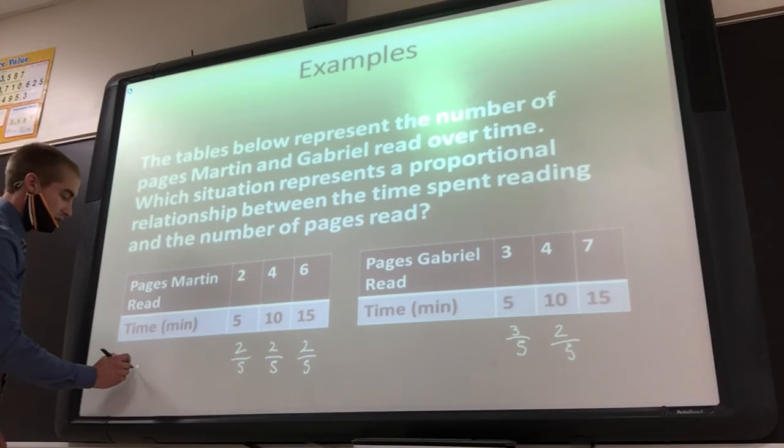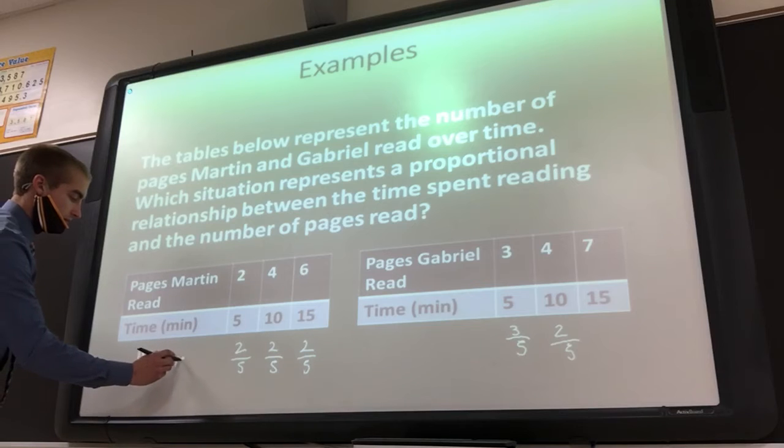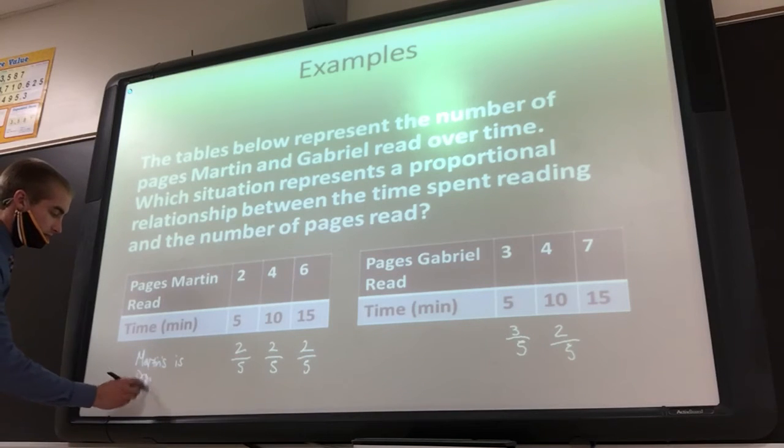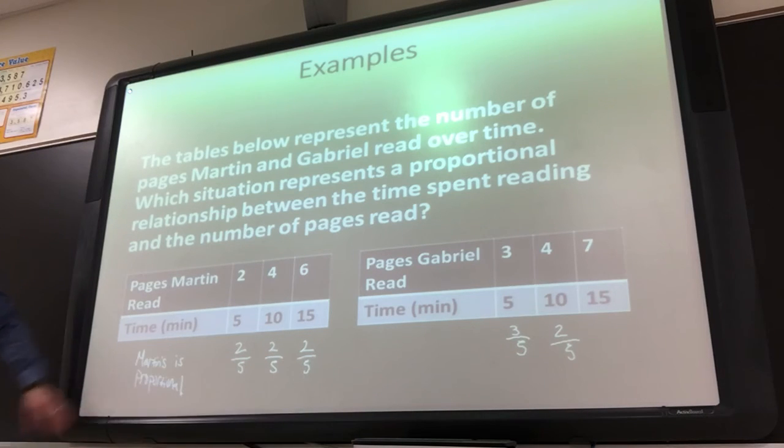You can say Martin is proportional. And the reason why this one is proportional is because the ratios are constant. Constant ratio of 2 pages every 5 minutes, or 2 over 5. So you're just simplifying each one of those separate ratios and then seeing which one of those gives you a proportional relationship. Okay, any questions?